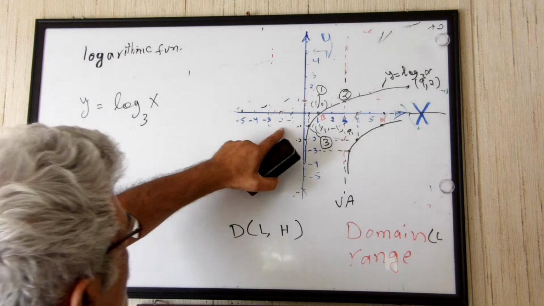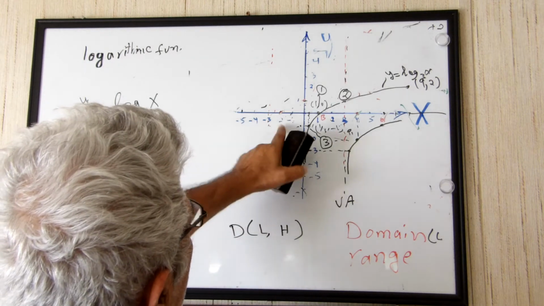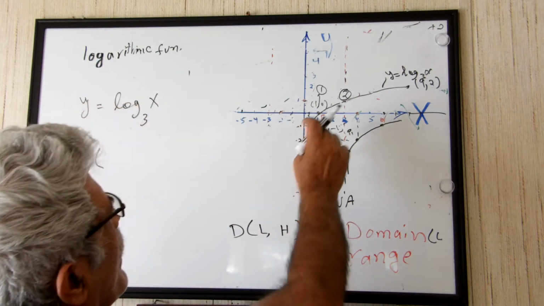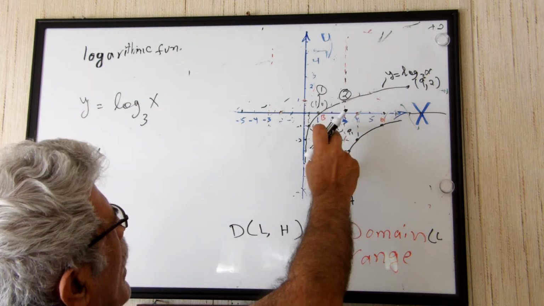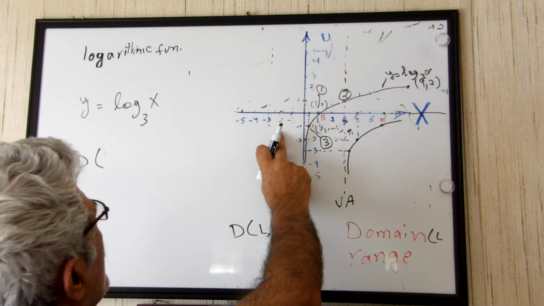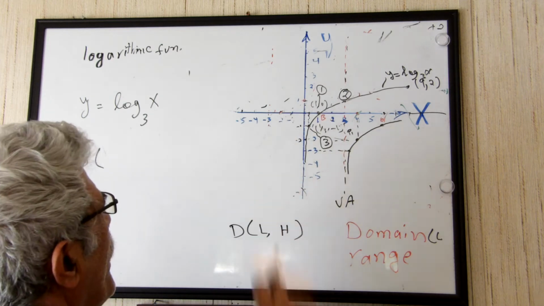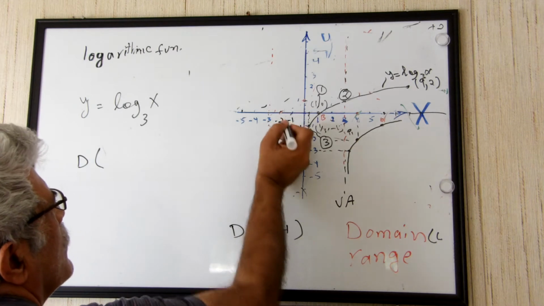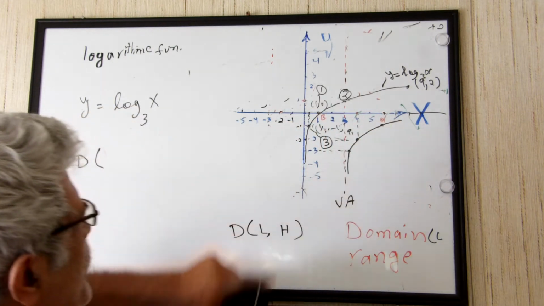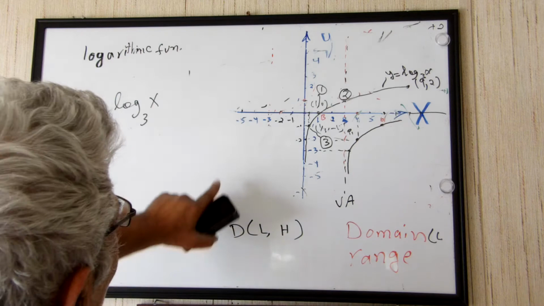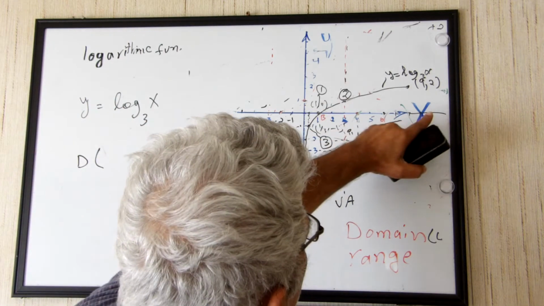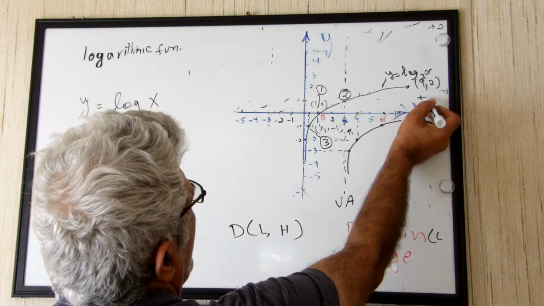You cannot give x minus 2 here because it's out of range, since that number would not give you a value of y. So the domain is the value of x, starting from 0, not included, and going up to plus infinity.